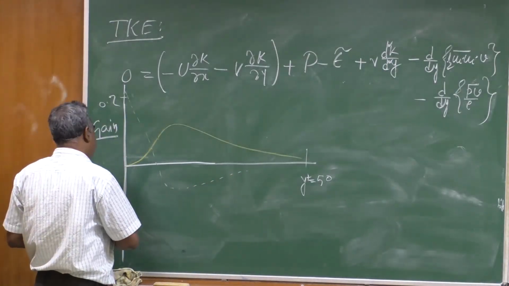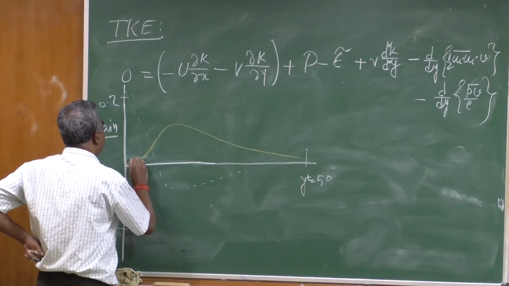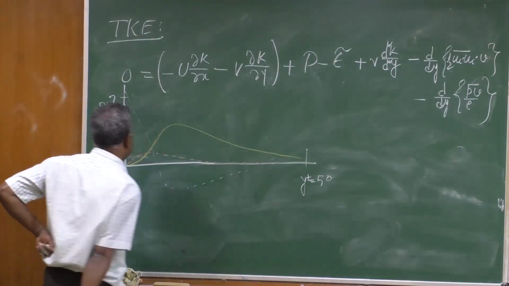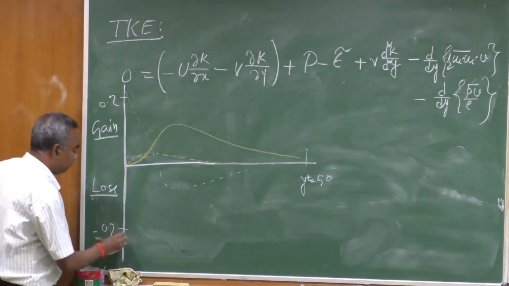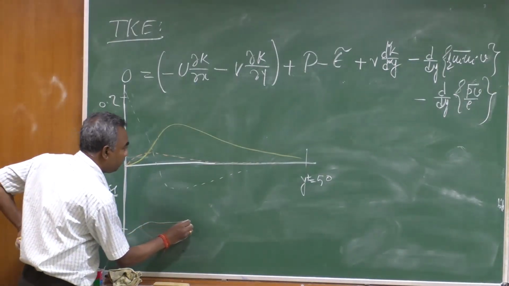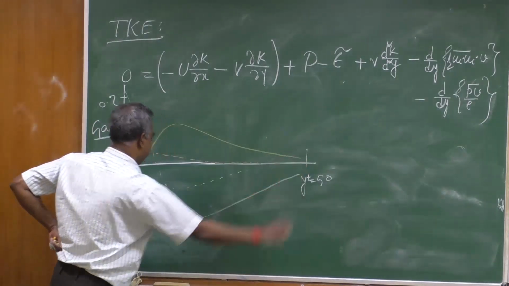Then your pressure transport term will be something like this, and your dissipation term will be something like this.